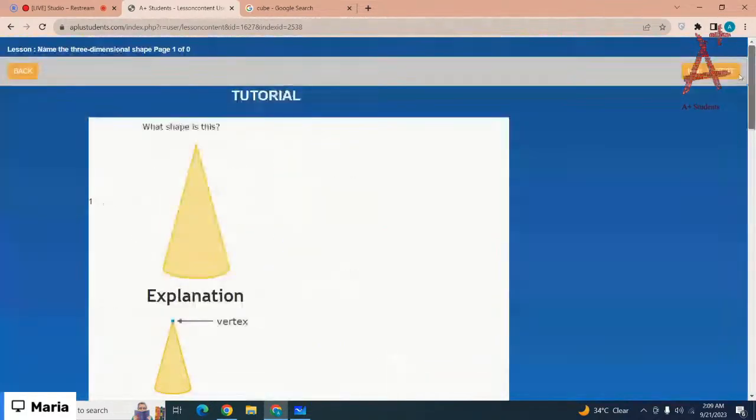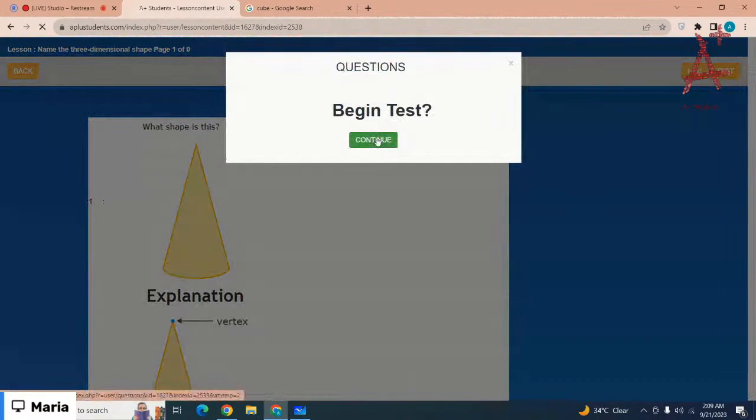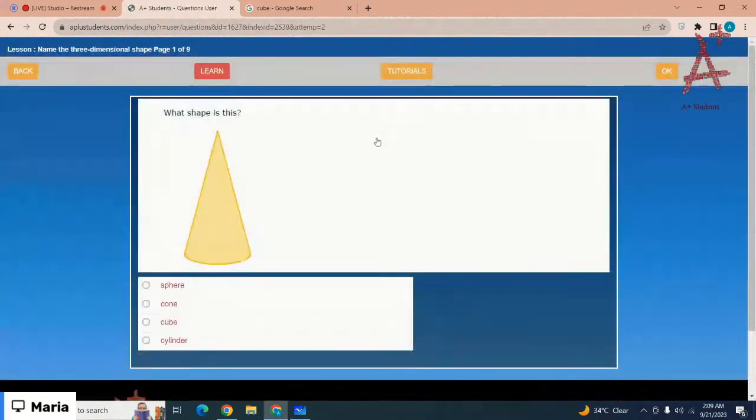Let's start with the practice question. You just have to name the shapes. What shape is this? Sphere, cone, cube, cylinder. Which is the correct option? You can relate this shape to a cone ice cream. You can even eat cone ice cream.